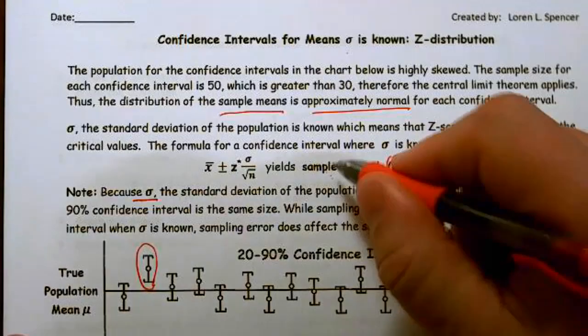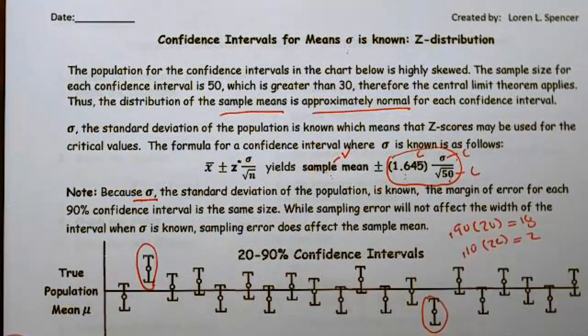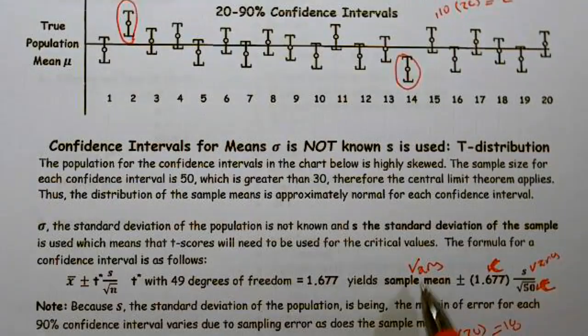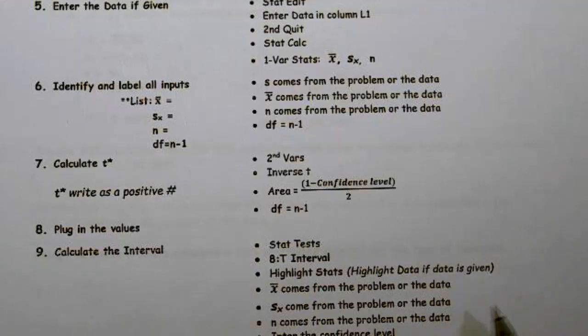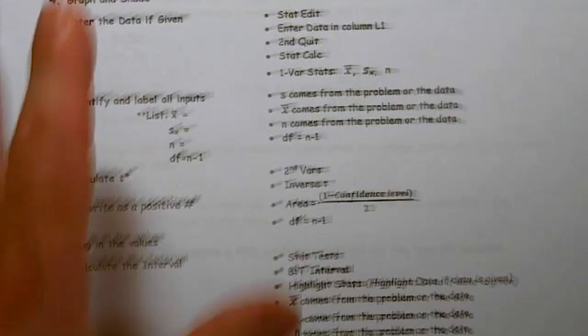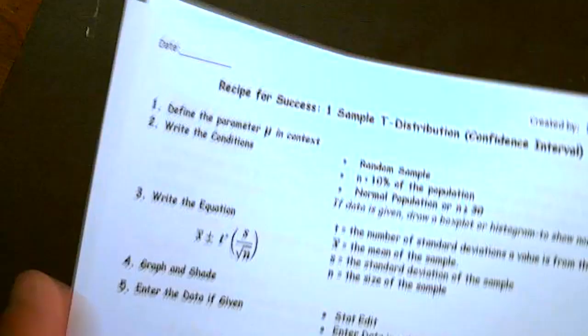The only thing that varies is the sample mean. Over here, the sample mean varies. T star is a constant. This is a constant because it's the sample size that we selected, but this is going to vary. All right. In the next video, we will actually learn how to run a confidence interval.